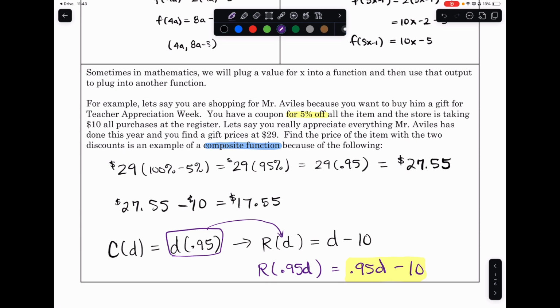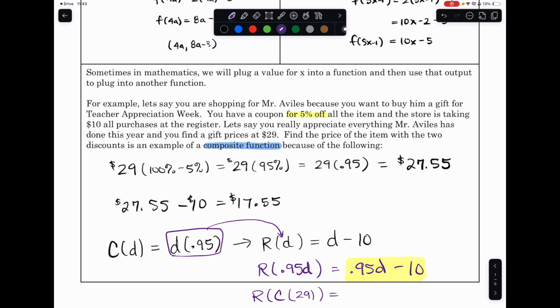So let's say, and the notation for this would be this. We say we're evaluating R of C when the dollar amount of the item is $29.